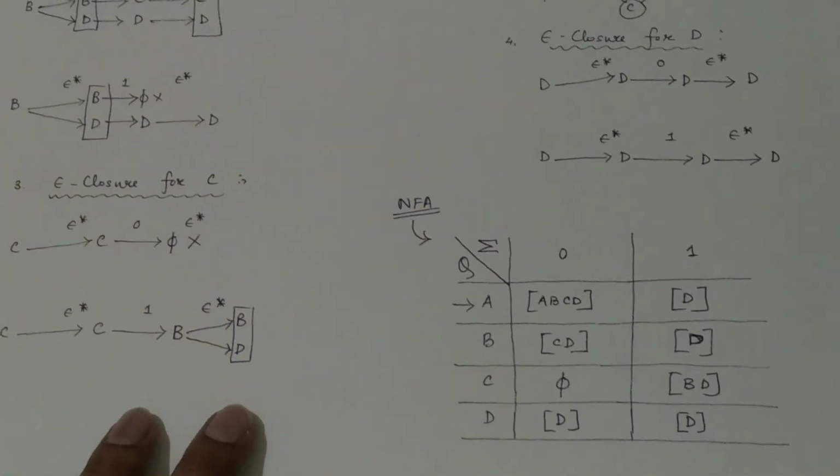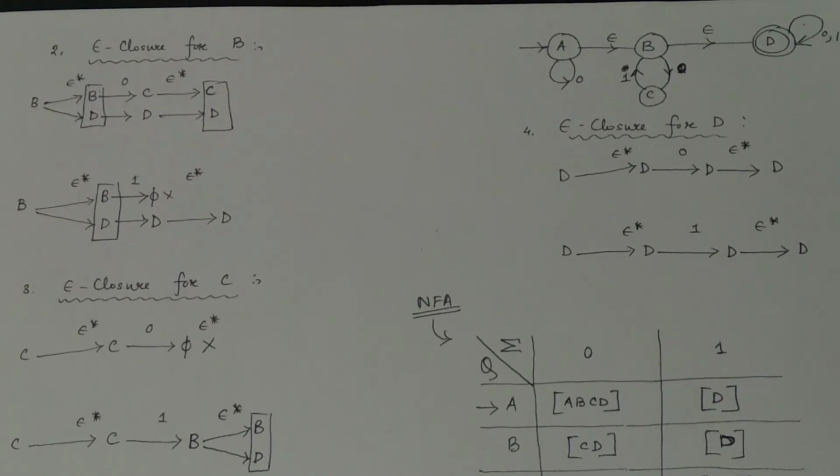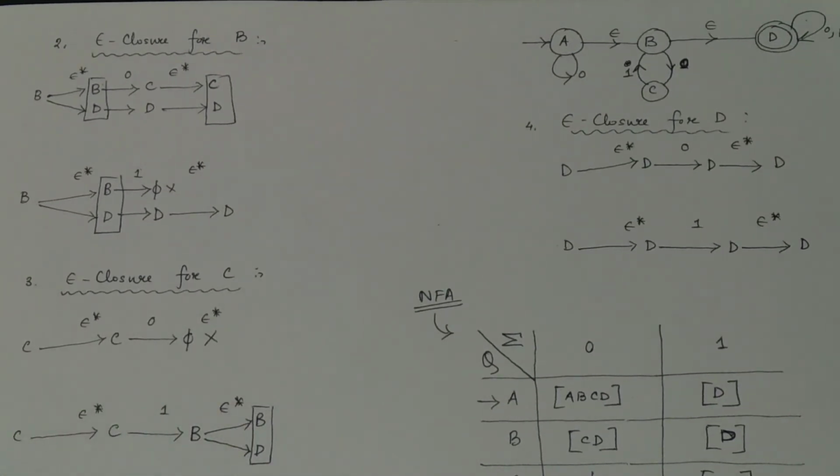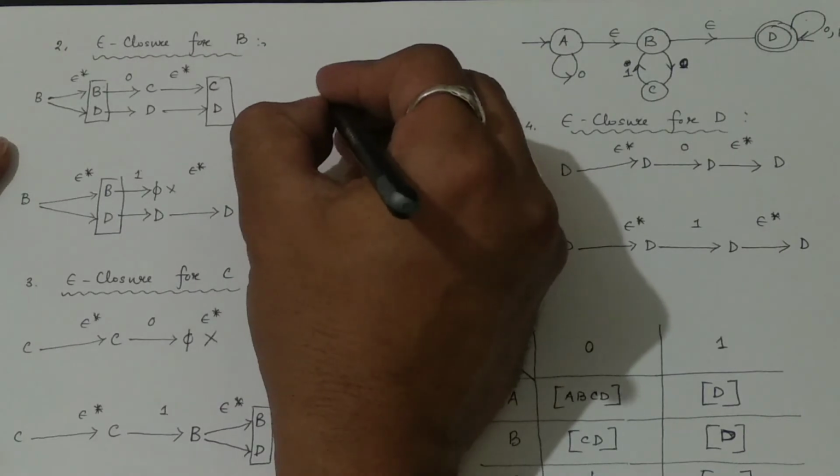Now the main concept comes here: how to write this in the examination. You can also write in this format, but this is actually not asked. This is rough work. One thing you can do is use the transition function.